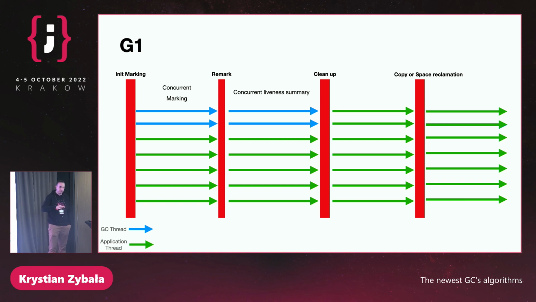After that, we remark the references, and this pause is also very short. But after that, concurrent liveness summary is the phase when the garbage collector tracks the references from, for example, the card table and so on.